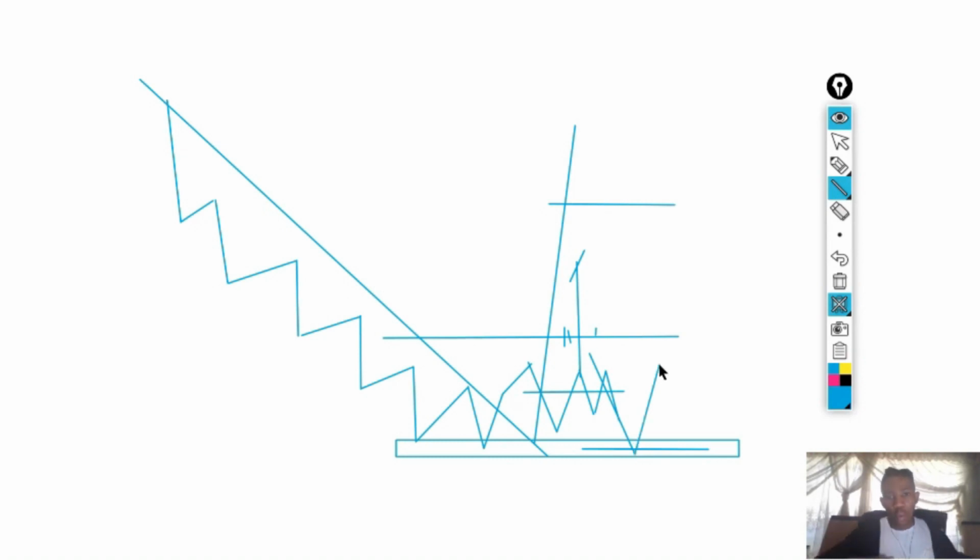So a limit will stop you from going back down, and a stop is you executing by going straight up. You place your buy limit here to have a better entry, that is buying at the lowest possible point. Your limit is there. Once it touches it and goes back up, you're in the trade and you even have a better trade. So that's the buy limit and the buy stop.